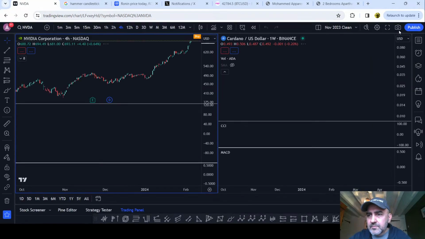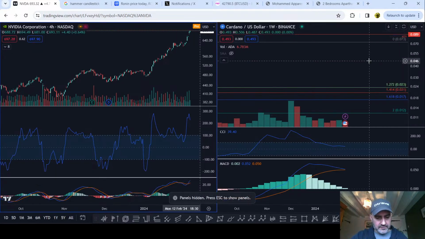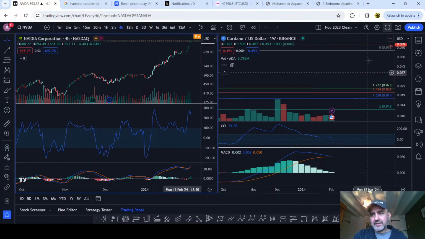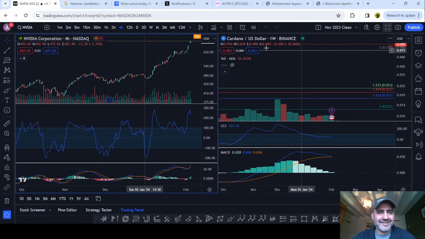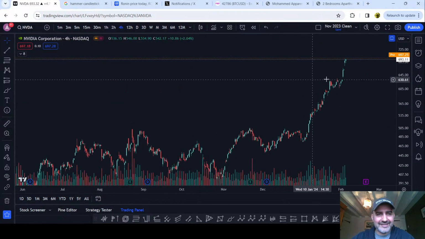That's the button. Shift F. Perfect. Right. That's so frustrating. I figured it out finally.